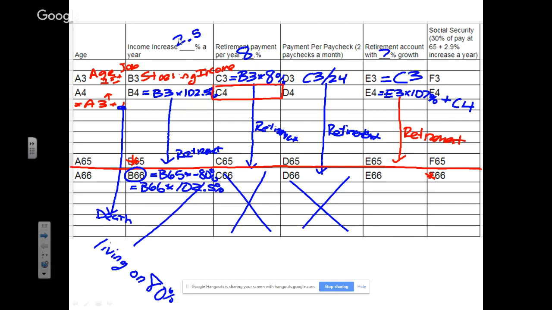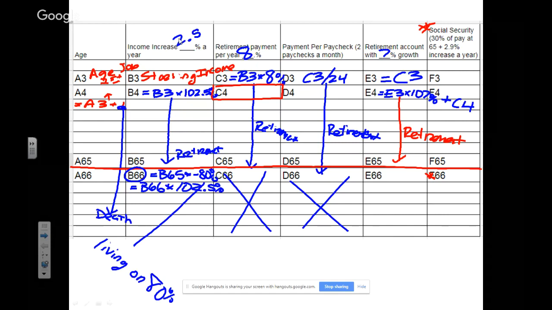Some people were put on the wrong line. You cannot collect Social Security until you retire. This is an estimate. When I look up how much people usually get on Social Security, it's usually 30% of their highest pay. Their highest pay is going to be their last pay.